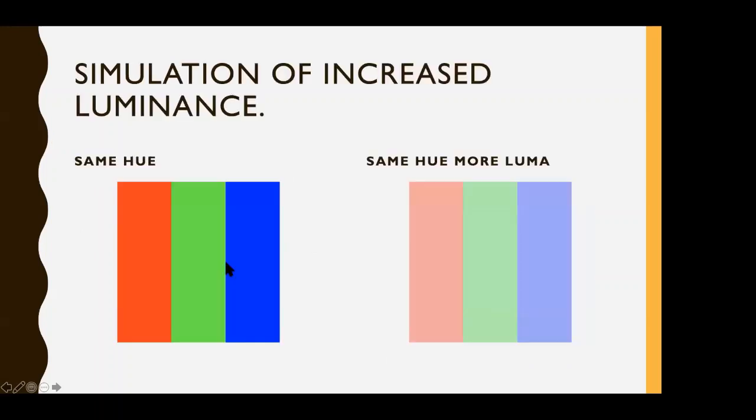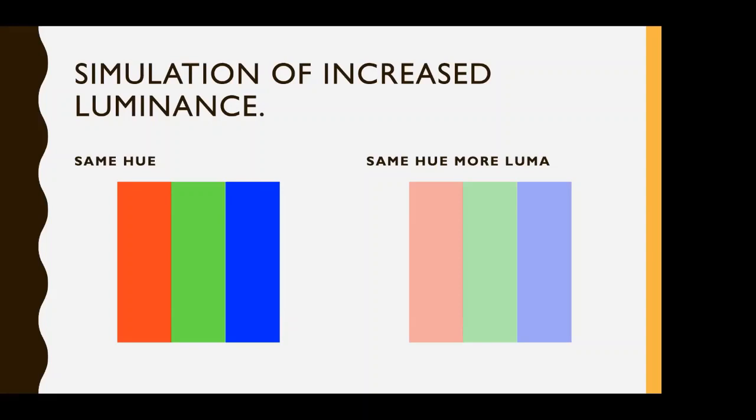Enough about that. Here's an example now of changing the brightness, and I had to simulate this because on a slide, even on a computer, this is hard to do without an actual moving picture, say if we're sitting down in front of Resolve or something with some color tools. I've simulated this idea of the same hue, so you have the same color mixtures on those three stripes on the left and the right, but on the right we have more brightness.